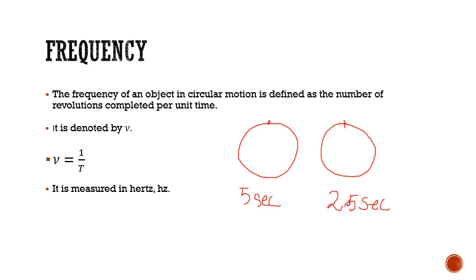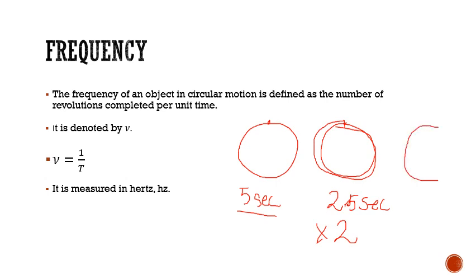So if I ask you how many times it can complete one revolution in 5 seconds, it will cover this distance twice, whereas in the first case it covers this distance only one time.